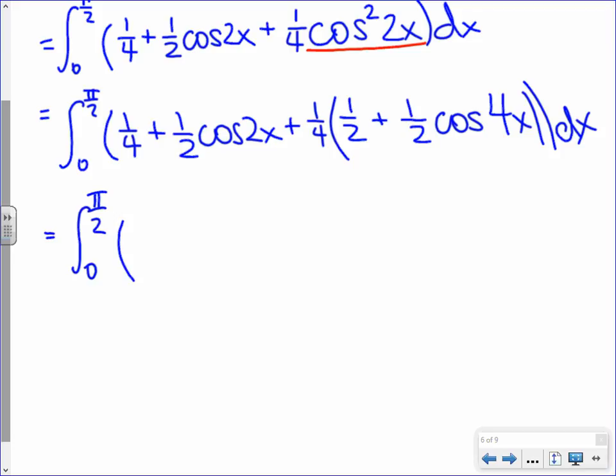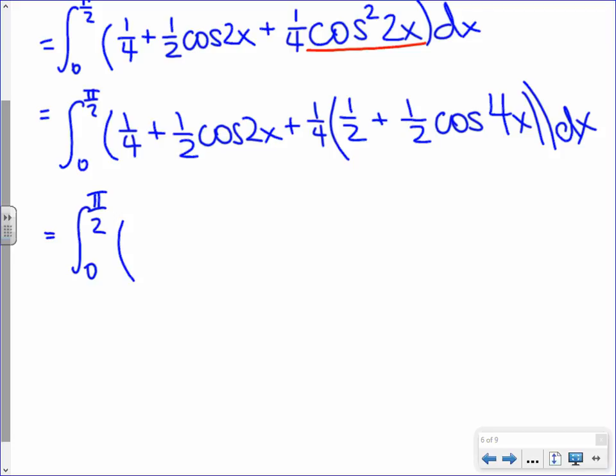So we used the power reducing formula on cosine to the fourth. We multiplied it out, but we still had a cosine squared, so we used the power reducing formula again. Now we have everything as either a constant or cosine to the first power. We can take antiderivatives from here.